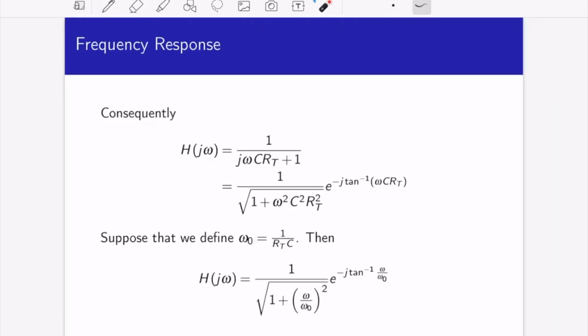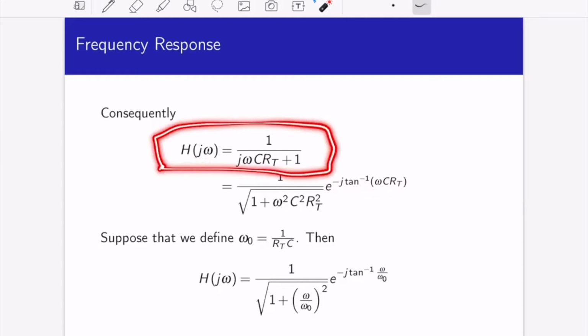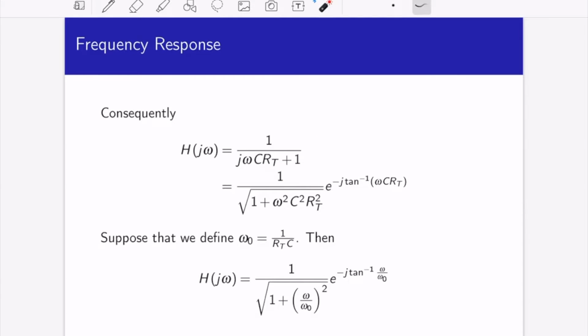If we want to look at the frequency response, we can plug in jω for s. So H(s) was equal to 1 over sCR_t plus 1. If we substitute jω for s, we end up with this equation. We can rewrite the equation in a form that provides some physical insight into the circuit.